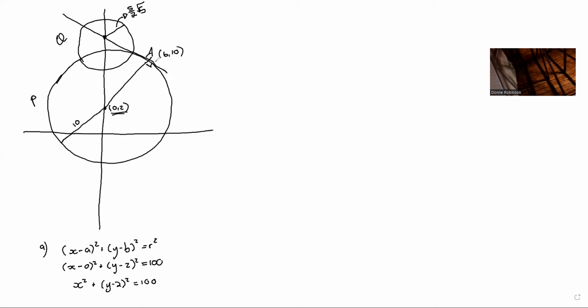So let's work out the gradient of the radius first. And we can work this out by doing the change in y over the change in x. So it will be this line from the center to A. So the change in y would be 2 minus 10 divided by 0 minus 6. And that would give me 4 over 3.